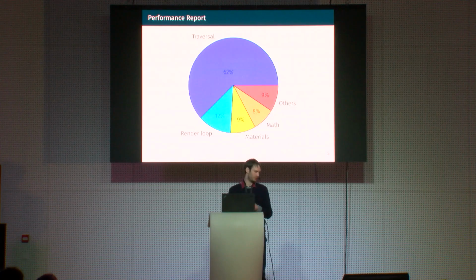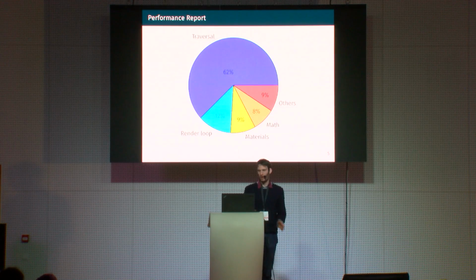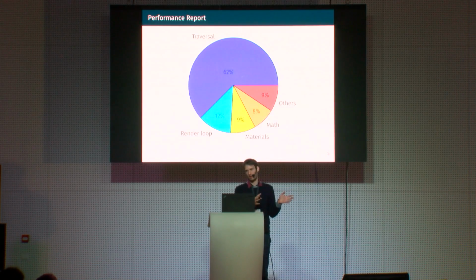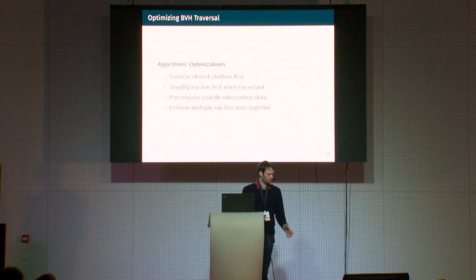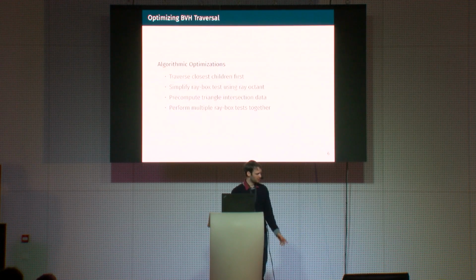And so the focus of the talk will then be on optimizing this particular piece of code that's responsible for finding intersections between the scene and a ray. And so if you want to optimize this piece of code, which we call BVH traversal, typically we start with algorithmic optimizations.